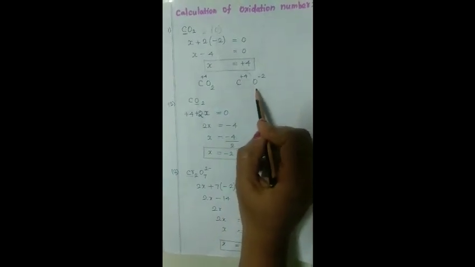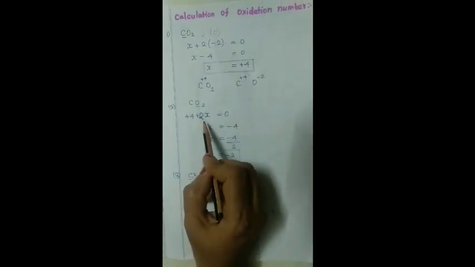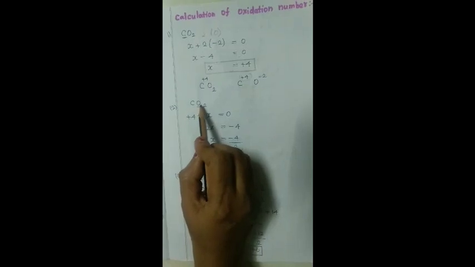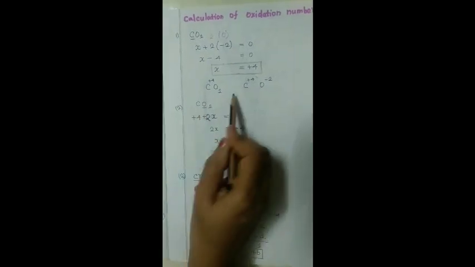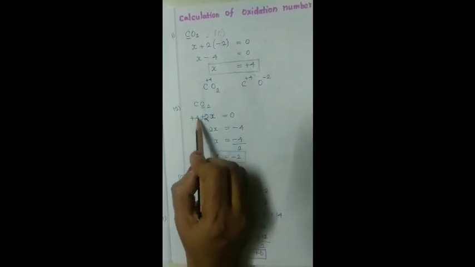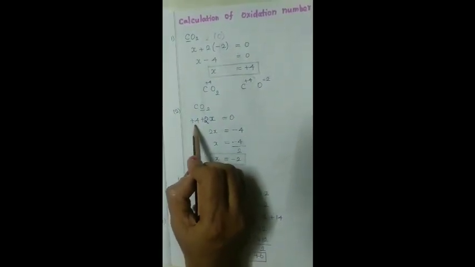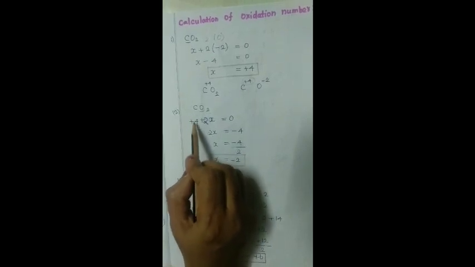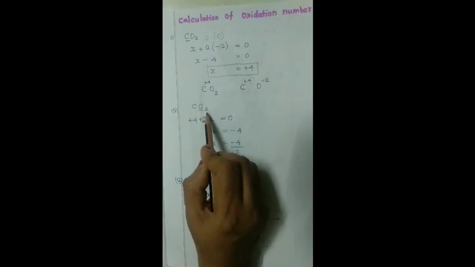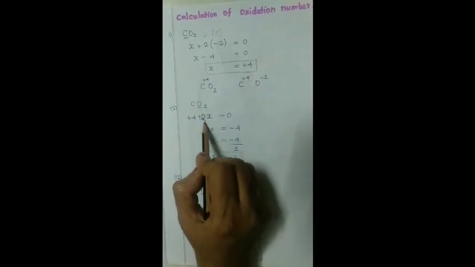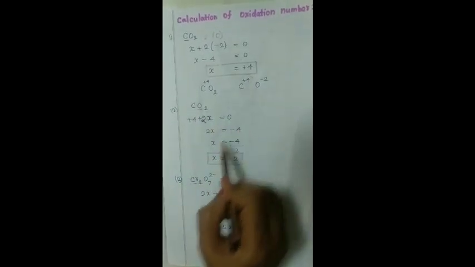Okay students. Next I am going to calculate the oxidation state of oxygen in carbon dioxide. Just now we found the oxidation state of carbon is plus 4. We substitute plus 4 plus we have 2 oxygen atoms, so 2 into X is equal to 0.